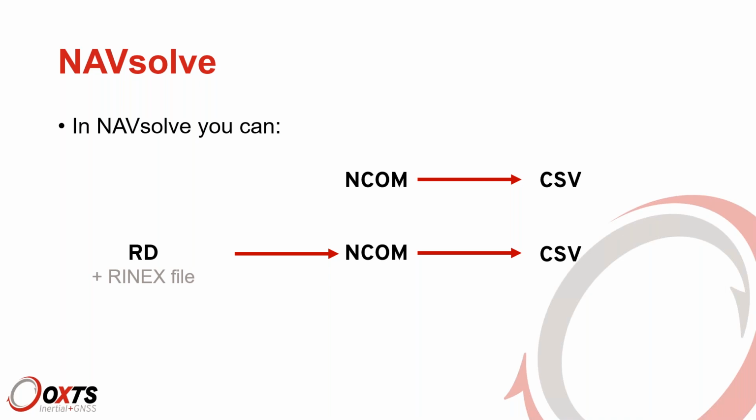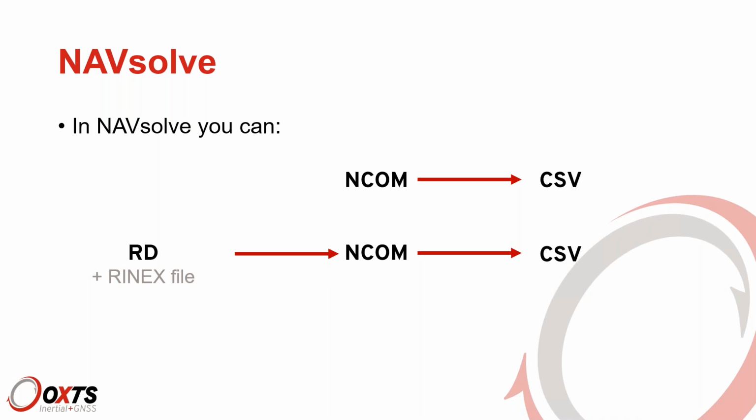NavSolve contains the same processing engine that the RTs have, so it will simulate that real-time processing and create an NCOM file for you, just as if you had logged it from the RT's output. And then you can use that NCOM file again to select the specific measurements you're interested in and create a CSV file containing those measurements.